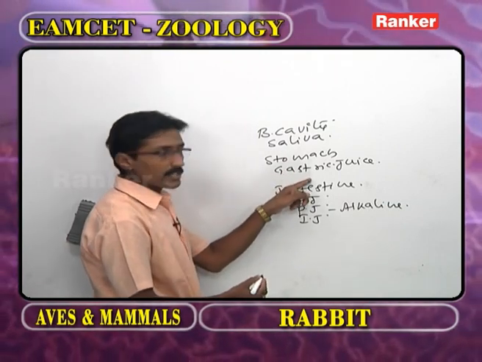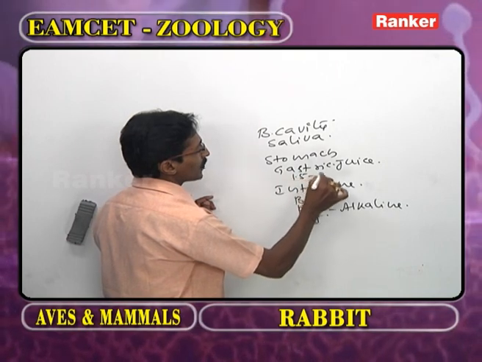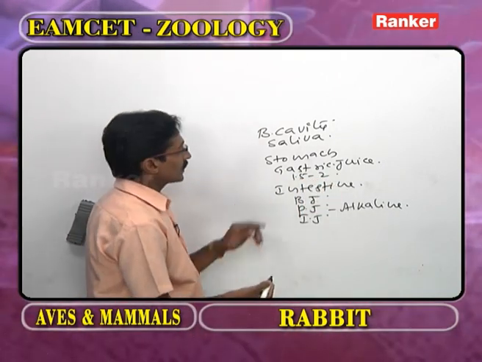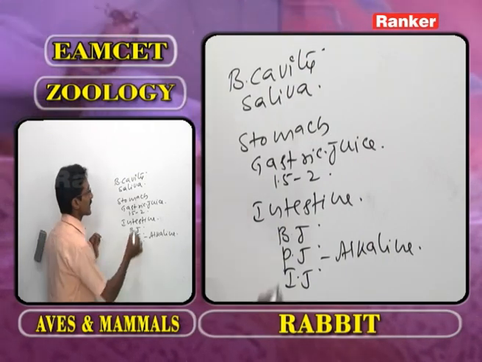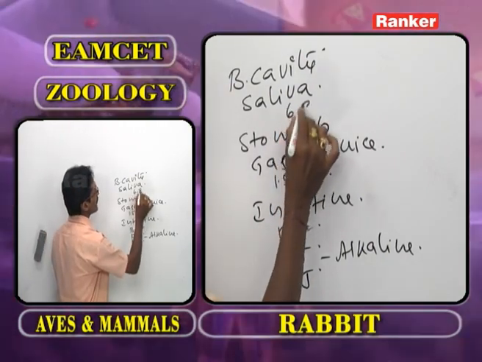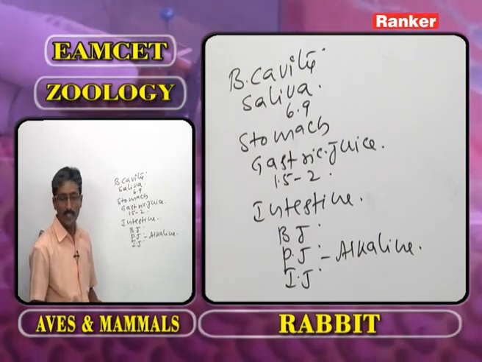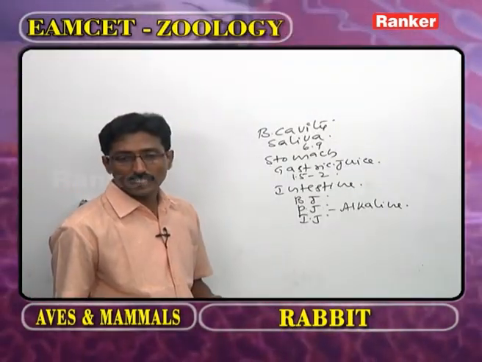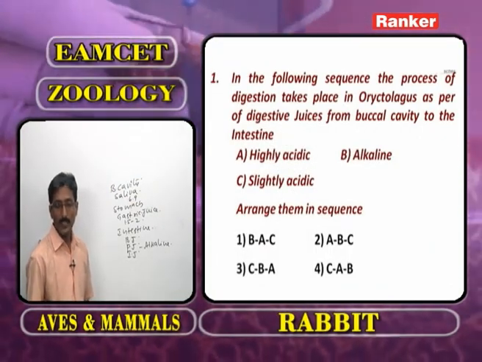What about the gastric juice? The pH of gastric juice is 1.5 to 2. What about the saliva? It is slightly acidic. The pH is 6.9.